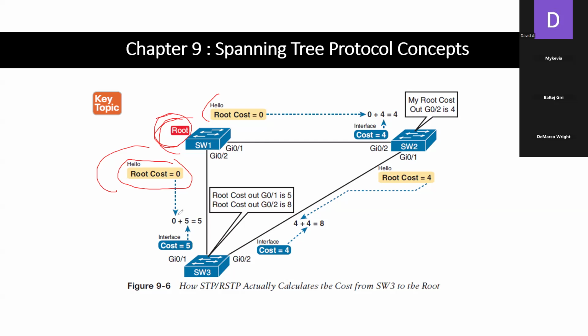So let's do the math. 0, the root cost we receive from the BPDU, plus the interface cost of 5 equals 5. So the cost becomes 5 for port gigabit 0/1.